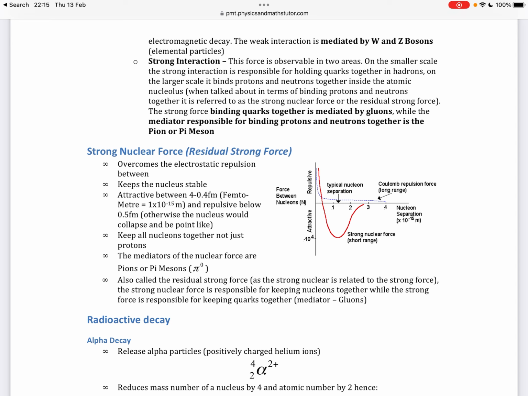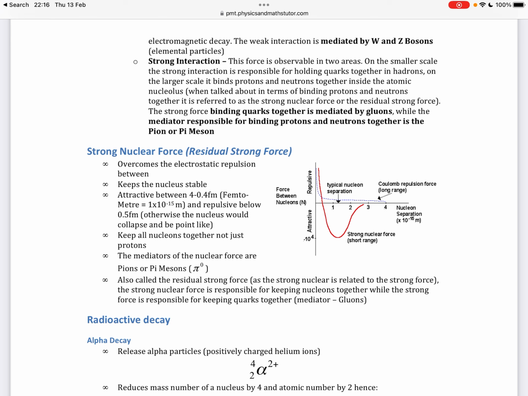Basically, the strong nuclear force overcomes the electrostatic repulsion between protons and keeps the nucleus stable. It is attractive between 0.4 and 3 fm. Fm is the femtometer, which is basically 1 times 10 to the power of negative 15 meter, and it is repulsive below 0.5 femtometer. Otherwise, the nucleus would collapse and be point-like. It keeps all nucleons together, not just protons.